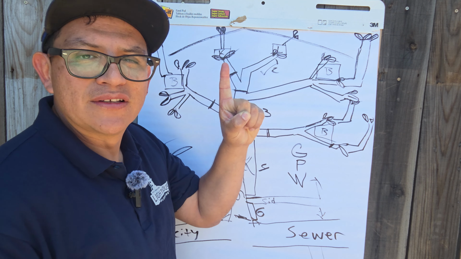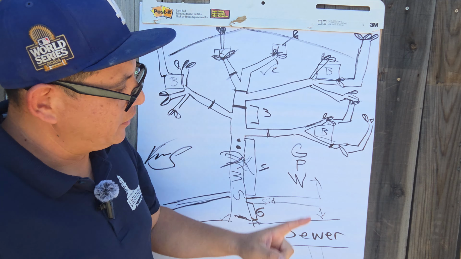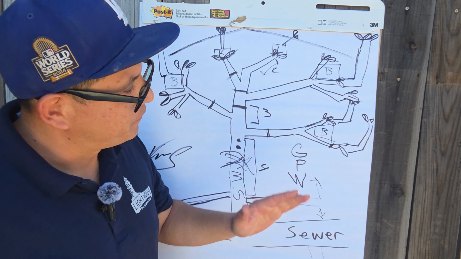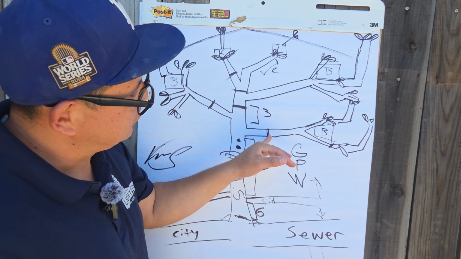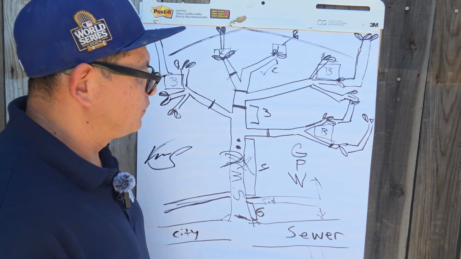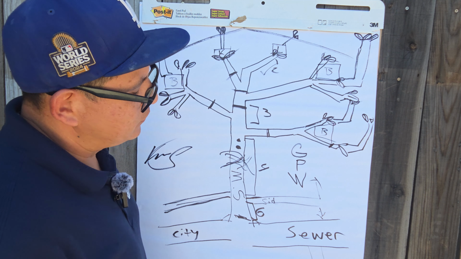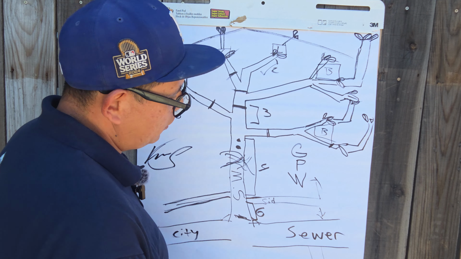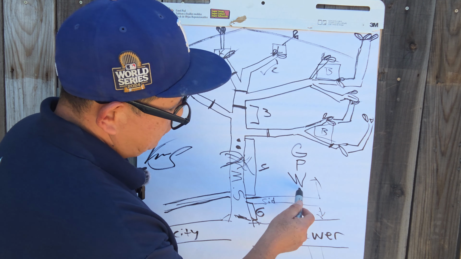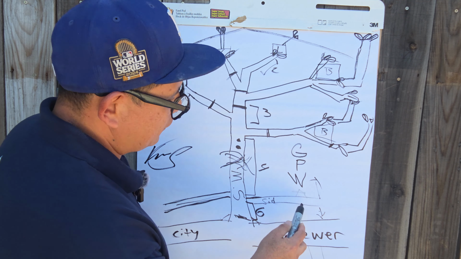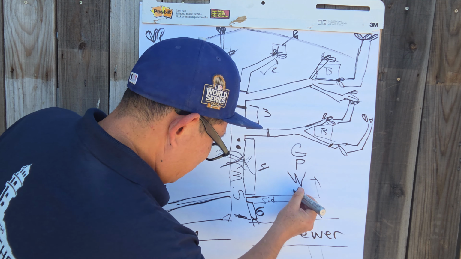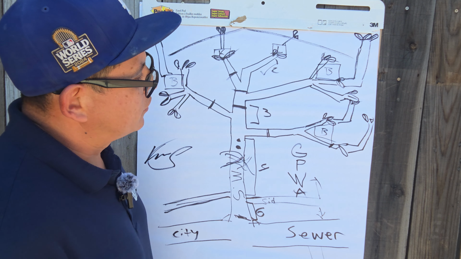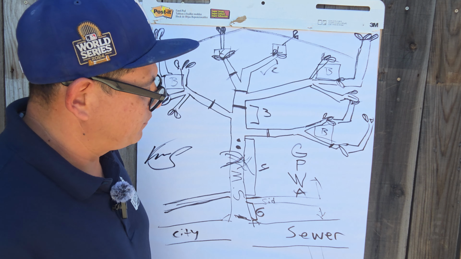Once you release it, there's air, and the air helps the water to flow. So that's another thing you need. You need gravity, you need pressure, you need water, and you need air. So all those things combined are what help your sewer work.